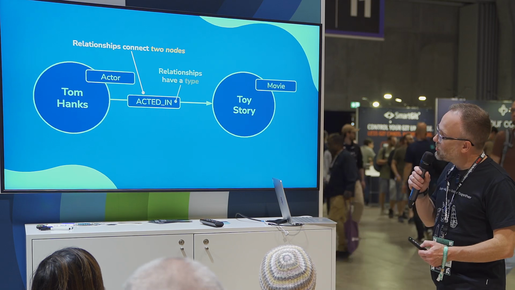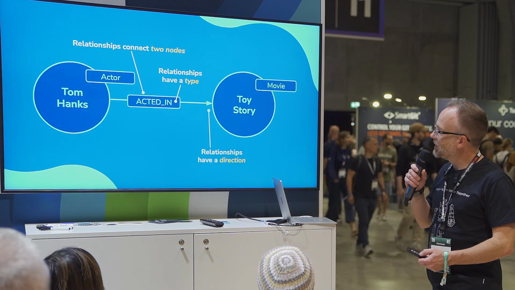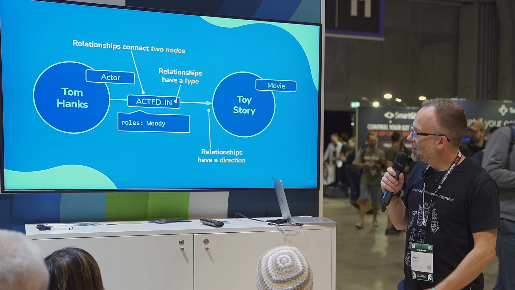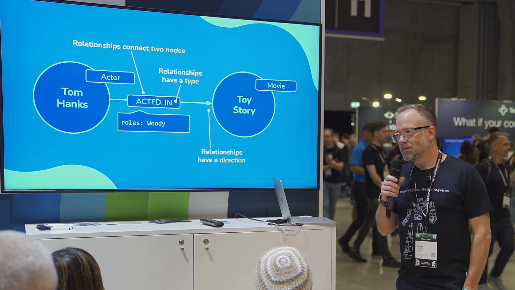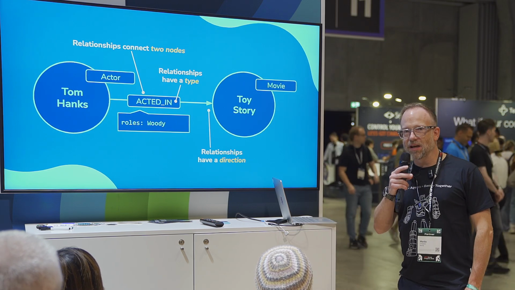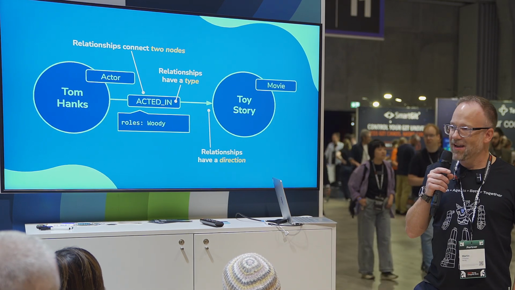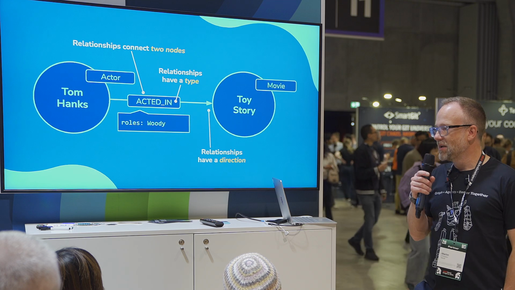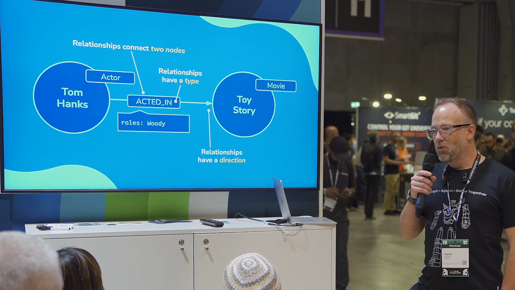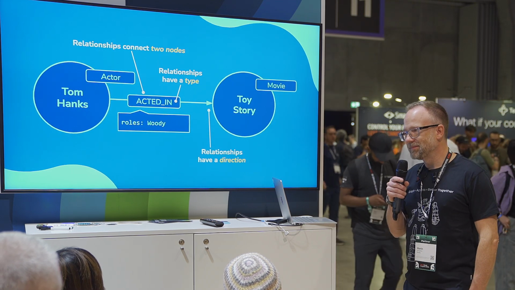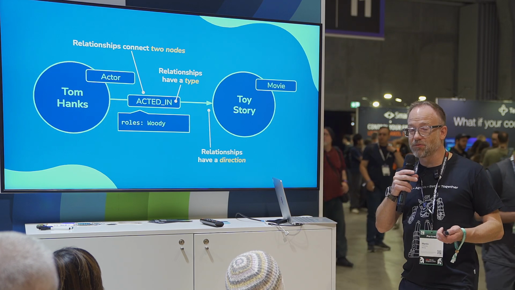Relationships always connect two nodes. They have a type, they have a direction, but they can also have data. So you can store data against relationships within Neo4j as well. In this case, Tom Hanks, the actor, acted in the movie Toy Story in the role of Woody. And that's how we store data within a graph.